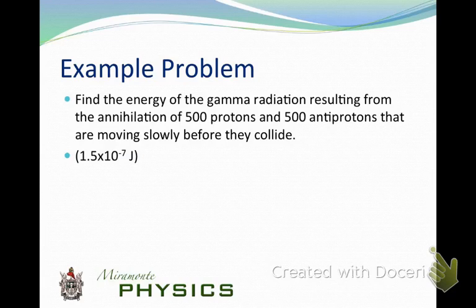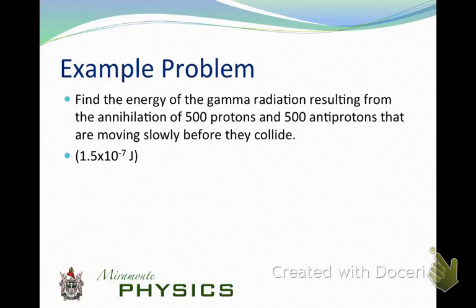Okay, so that's the mass of one proton, but we have a proton and an antiproton, and they're going to collide. And we have 500 of each, so we have 1,000 of these particles, times 3 times 10 to the 8th meters per second quantity squared, and that's going to give us the energy value of these protons.